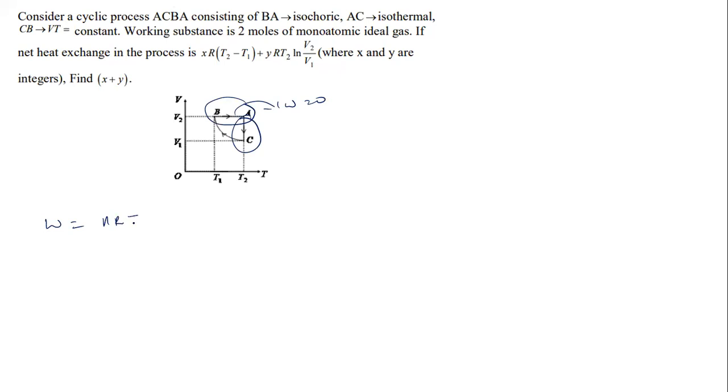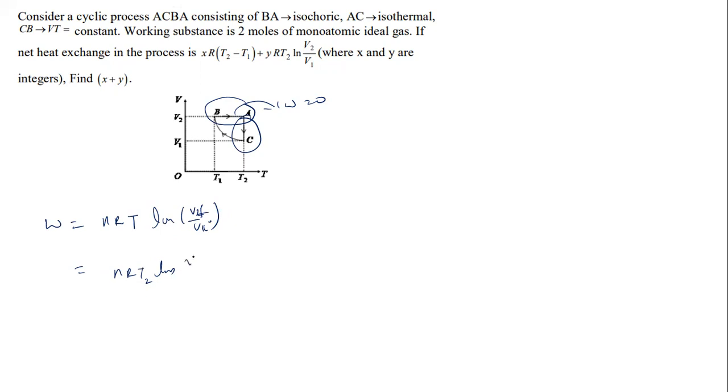N T ln V2 by V1. Am I correct? But it's a general expression, the final by initial. But according to this nRT ln, which temperature? Temperature T1 or T2? Temperature T2.